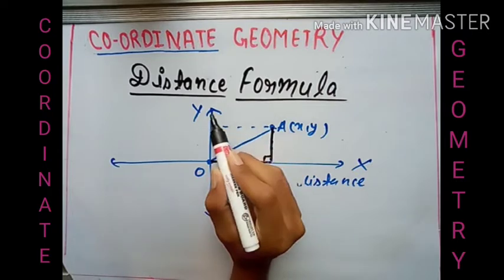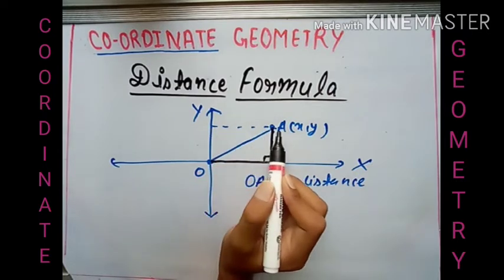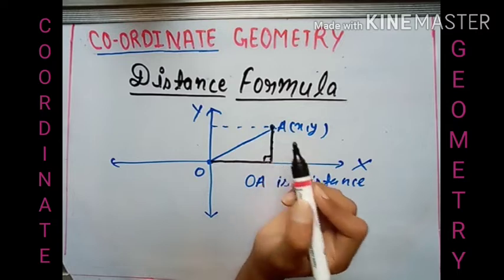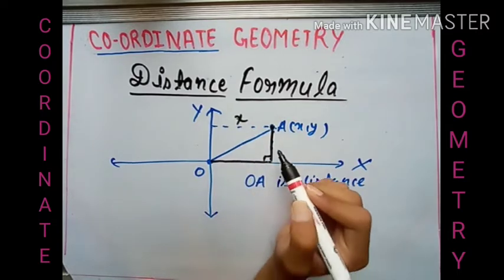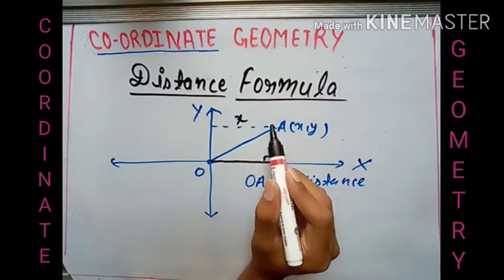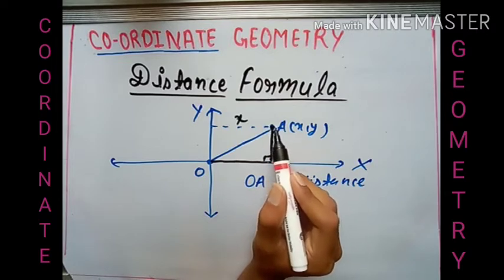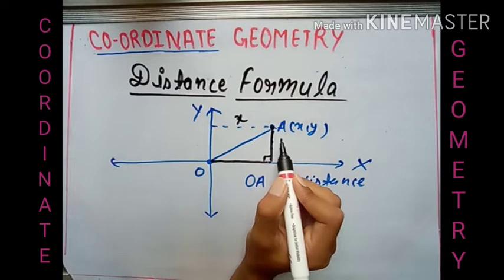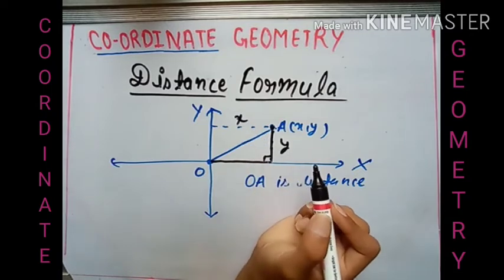Now this is the y-axis, and the distance from the y-axis to the point is taken as x, and the distance of the x-axis from the point A is taken as y. These are the perpendicular distances.